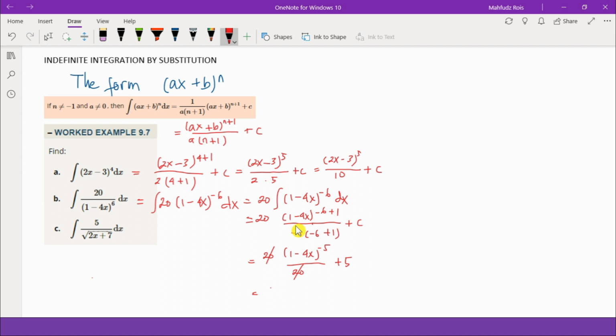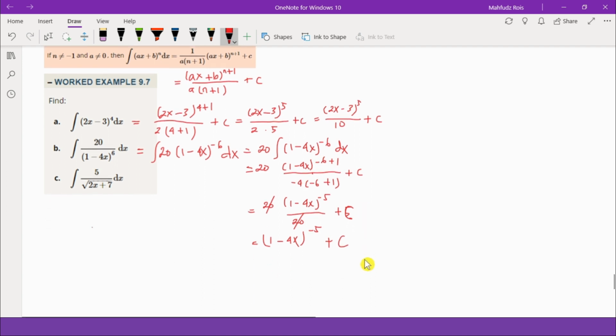So it remains only (1 minus 4x) in the parenthesis to the minus 5, plus c, sorry, c. Alright, so if we want to make it a positive power, you just write 1 over (1 minus 4x) to the 5th, plus c, like this.